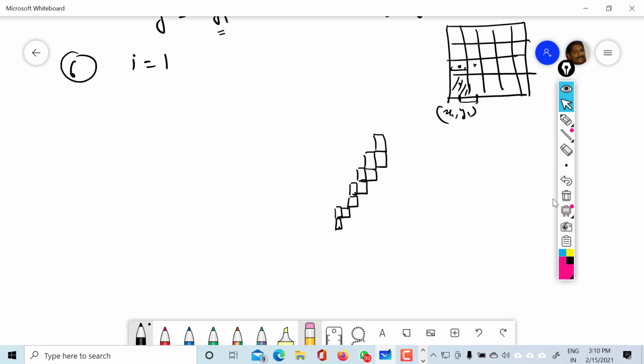So I equal to 1, while I is less than or equal to length. What is length? Length is the line length.